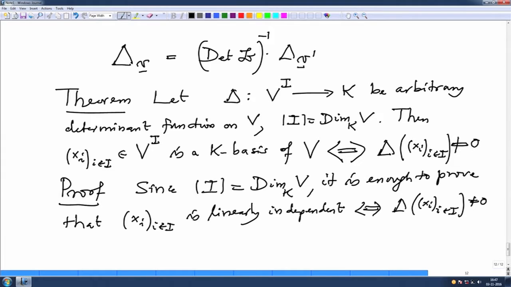And otherwise, if it is a basis, then delta must be some scalar multiple of delta x, where A is actually delta of xi. So, if A is non-zero, then it is a non-zero multiple of this determinant function, which is non-zero. Okay, so this is the proof.